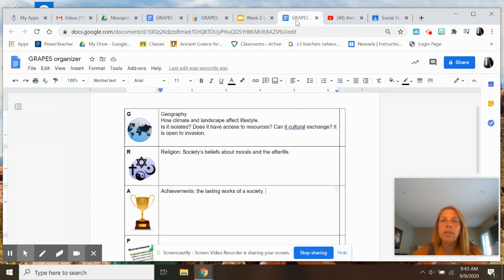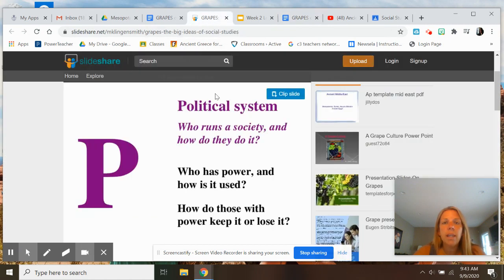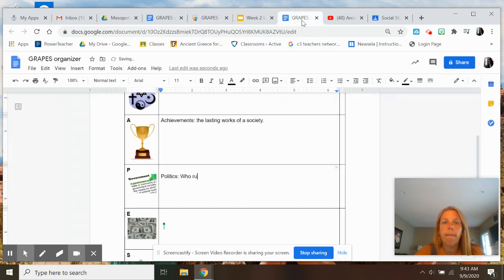Politics. So the political system is our letter P. Politics is who runs a society and how do they do it? So we're going to look at leaders and leadership styles in this.